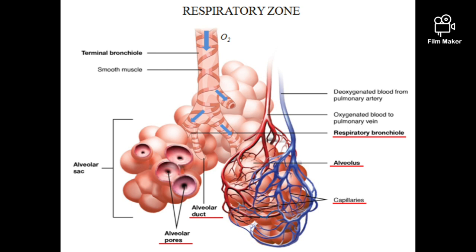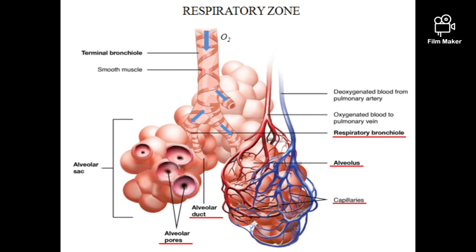This particular picture of the respiratory zone is one of my favorite images, which beautifully shows the parts of the respiratory zone. In this we can clearly see the respiratory bronchioles ending into the alveolar duct, and the alveolar duct opening into the alveolar sac.